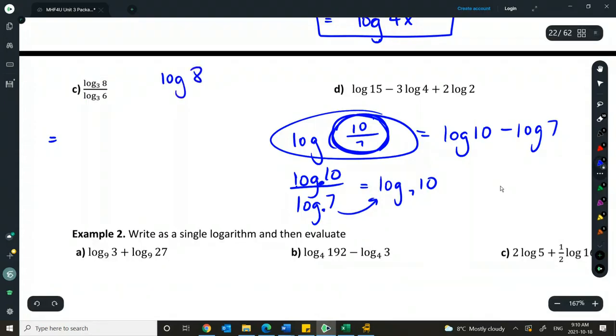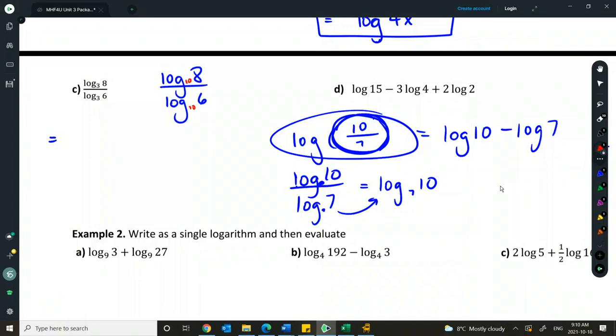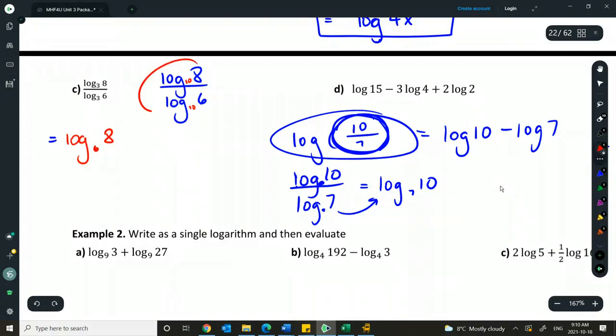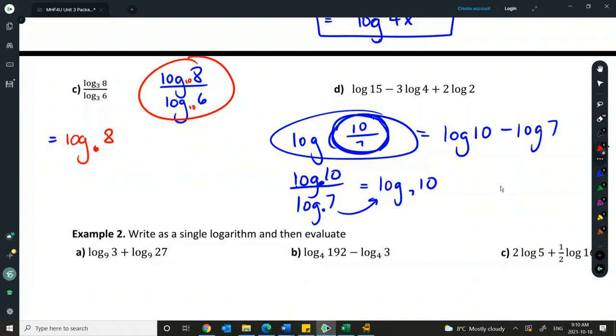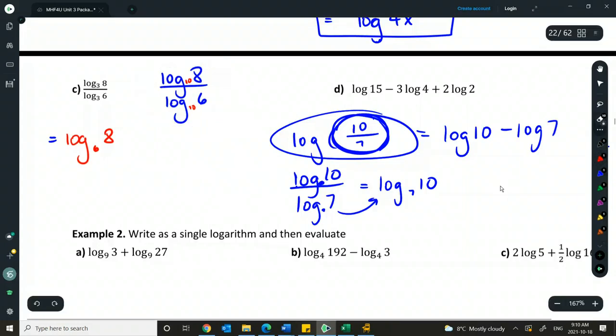Usually, we would have something like this, but it doesn't matter, right? Because technically, the bases here are both 10s. So we ignore the base, and this will actually be equal to the log base 6 of 8. Same thing as what we would do if we had the log of 8 over the log of 6. So this is change of base formula that we've been working with.